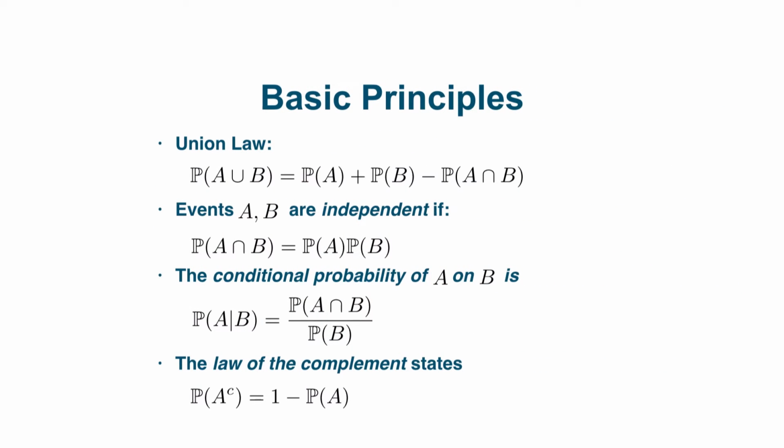Now, a couple important rules for probability theory are based on this notion of union and intersection. The most important one, and the one that tends to trip students up the most, I think, is the union law. It says that if I want to compute the probability that A or B happens, I can do it in the following way.